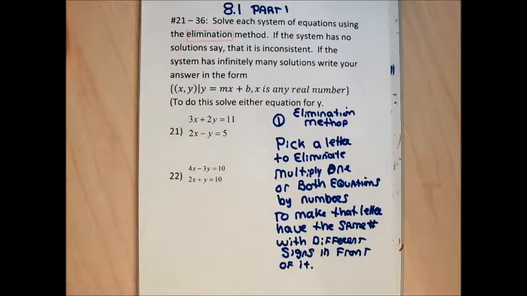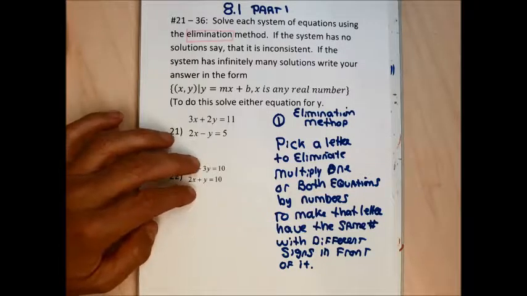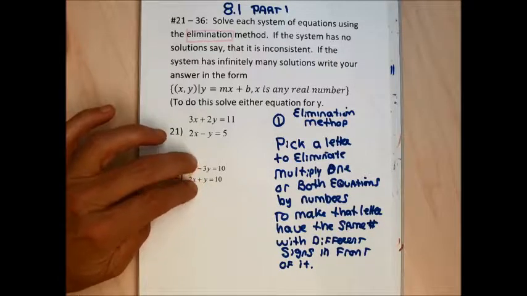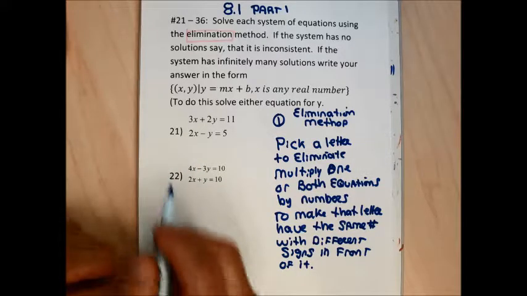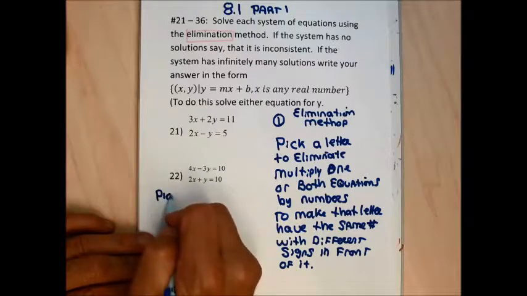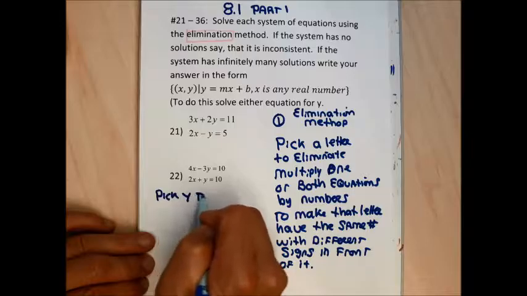So I'm going to pick a letter to eliminate, and I'm going to multiply one or both equations by numbers to make that letter have the same number with different signs in front of it. Usually when I'm picking a letter to eliminate, I like to pick letters that already have opposite signs because I need the letters to have opposite signs. So I'm going to pick y to eliminate.